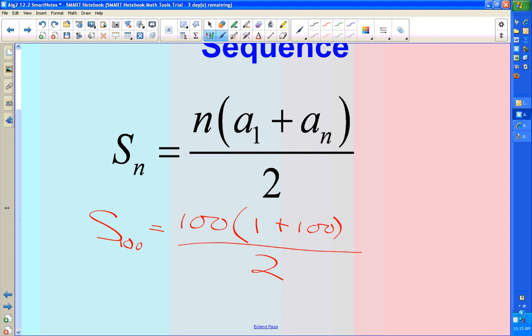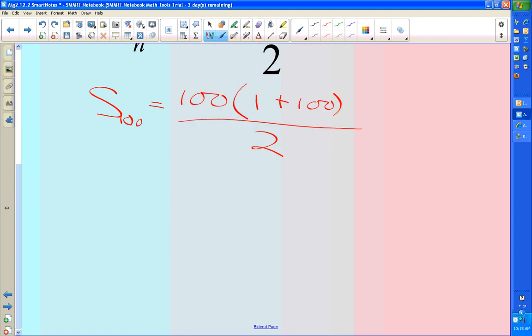Now, either n over 2 or a sub 1 plus a sub n over 2 will be divisible by 2. Sometimes both of them are. But one of them will be for sure.